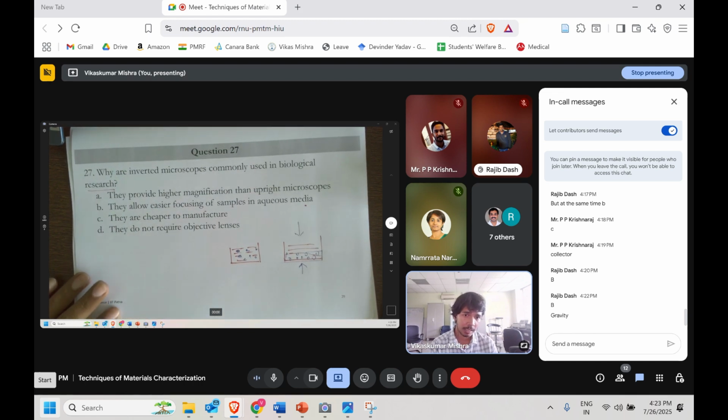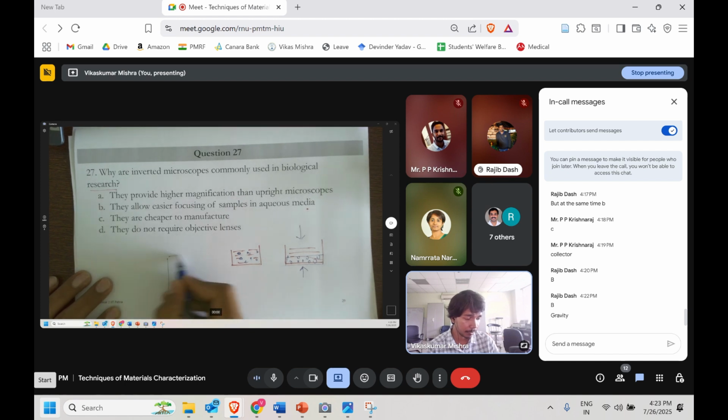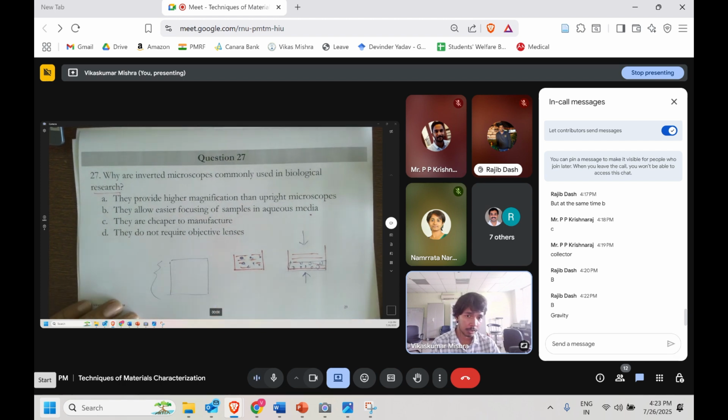One more reason I can give you: sometimes people bring specimens whose size is quite large. The height will be high, which we won't be able to put in the upright microscope. If we try to put it in, the objective lens will sometimes collide with the specimen due to the extra height.